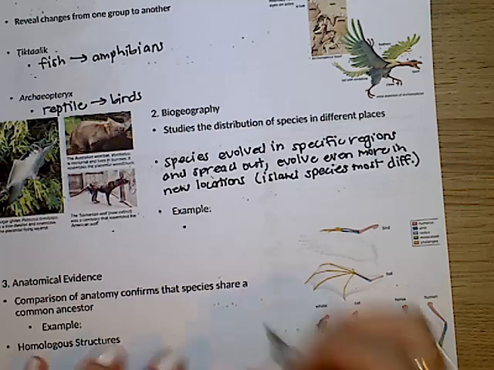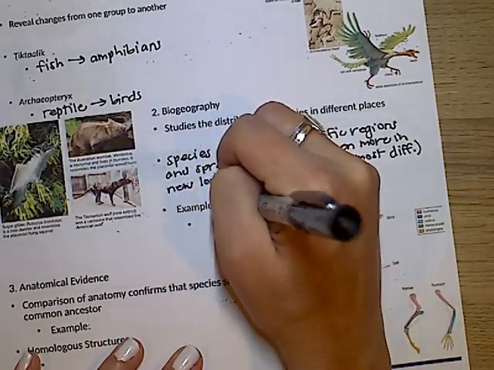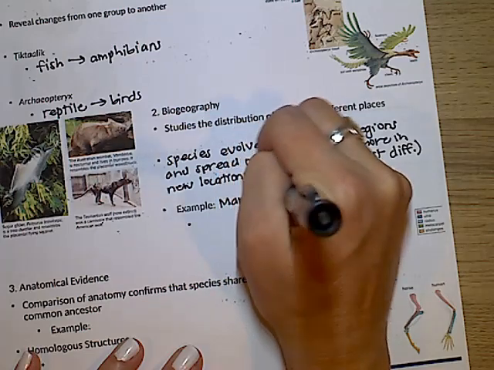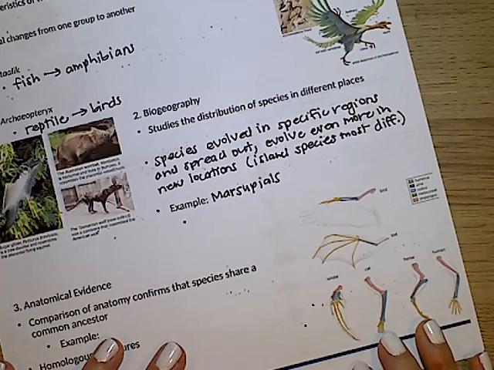So an example of this are marsupials. You find a lot of marsupials in Australia.